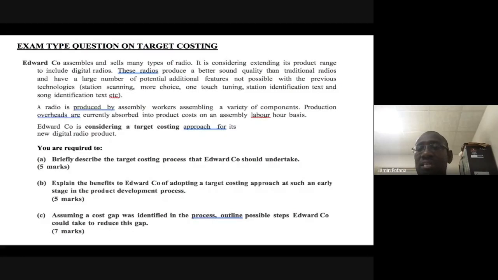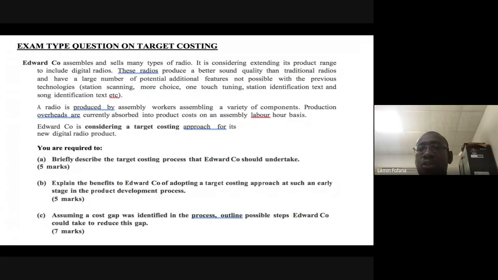Okay, so in this case, how are we going to get the estimated cost? The estimated cost will be the cost that we calculate using our costing technique, which is absorption costing, and our target cost. Take note of that. It is the estimated cost and the target cost that will give you your gap.